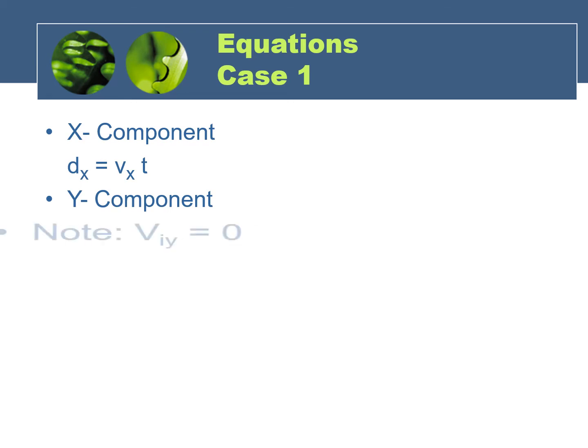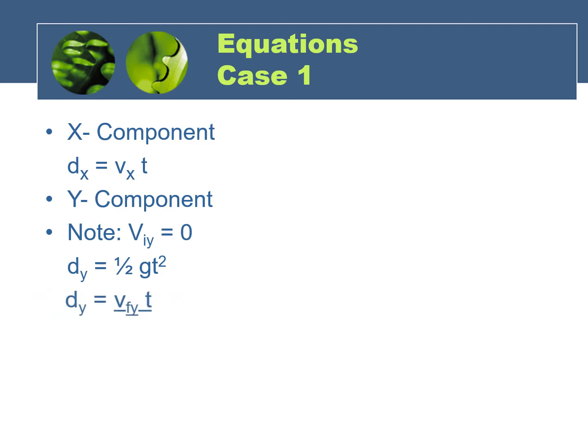For the y component, take note that the initial vertical velocity is 0. So you can use the following equations. D sub y, or vertical displacement, is equal to 1/2 gt squared, where g is the acceleration due to gravity and t is time.